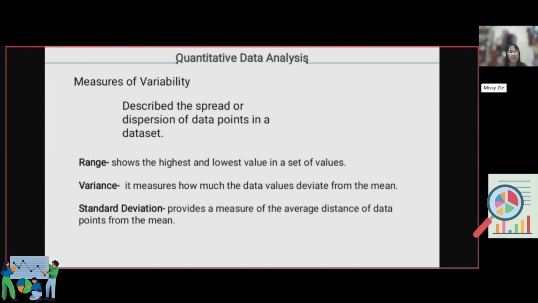Variance measures how much the data values deviate from the mean. And the third one is the standard deviation. It provides a measure of the average distance of data points from the mean. These measures help us understand the degree of dispersion or the variability in the data set.